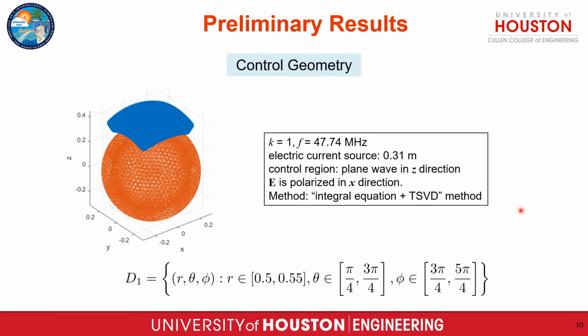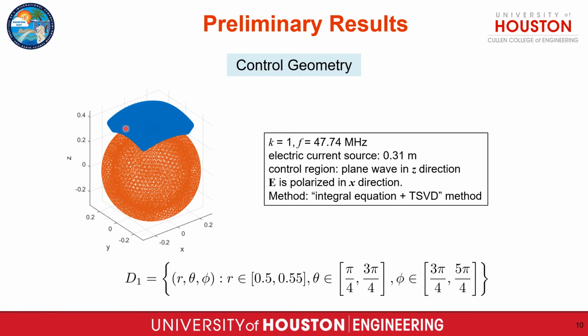After talking about the method, here I will show some preliminary results. As mentioned, we apply this method for the pattern synthesis application. In this example, we want to generate a plane wave in this region.